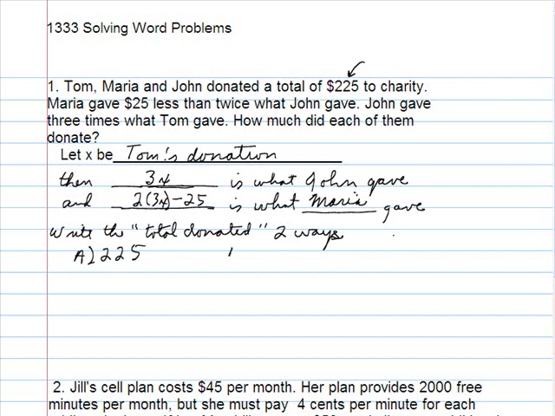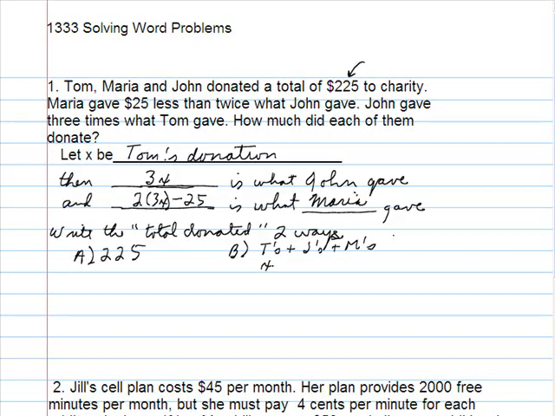But what would be a second way to do it? Well, a second way to do it would be to say the total that they gave was Tom's donation plus John's donation plus Maria's donation. And if you add up those 3 donations, that's what they all gave.